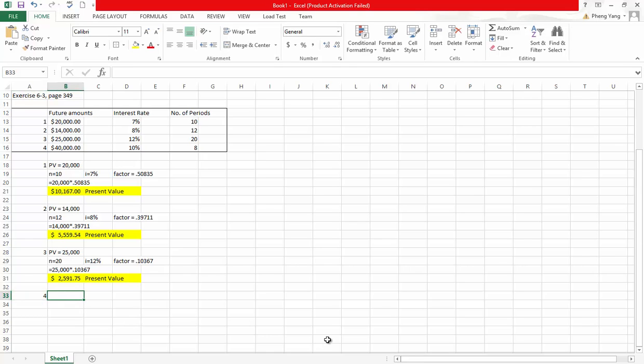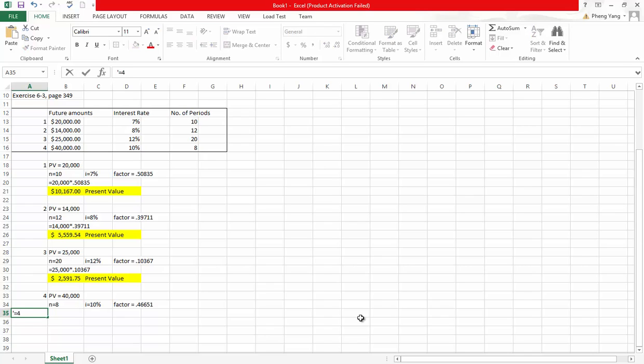All right, the fourth one, they're asking what is the present value of 40,000? Once again, we know the number of periods, which is 8 periods. Our interest is at 10%. My factor, if you look at the table, table 2, 8 periods at 10%, my factor is 0.46651.